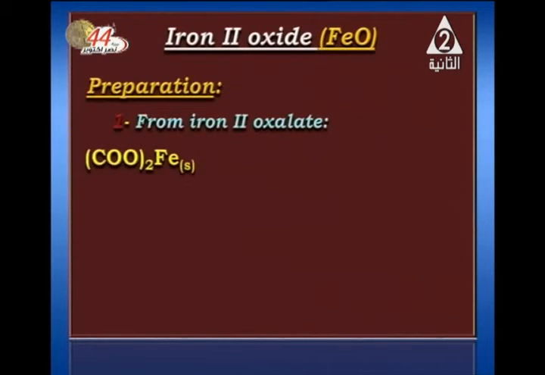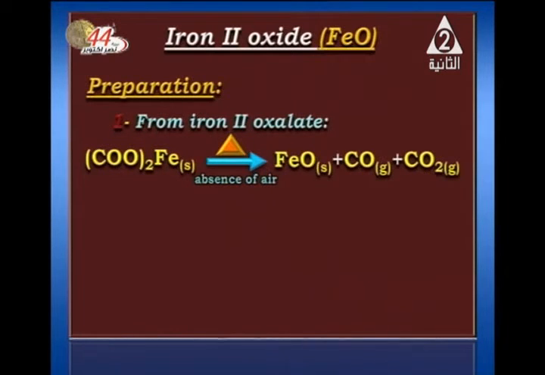As the equation proceeds on the screen, iron 2 oxalate, by heating in the absence of air, decomposes into iron 2 oxide and carbon monoxide and carbon dioxide. And my dear student, we have a good reason for this equation. Heating iron 2 oxalate in the absence of air does not give iron 3 oxide. The reason for that is the carbon monoxide is a reducing agent, so it prevents formation of iron 3 oxide.